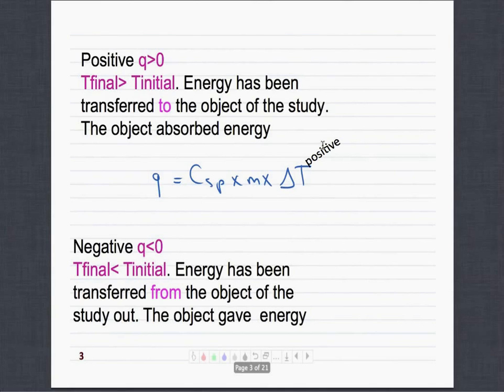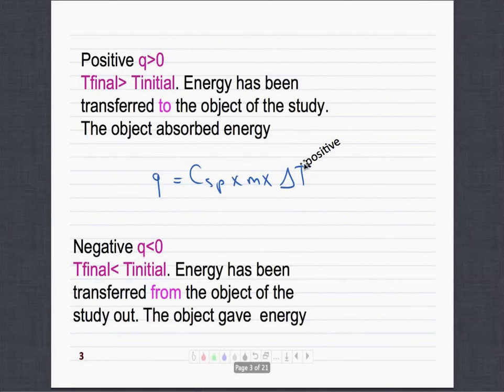So when you heat the system, when you heat the water, when you take something from low temperature to high temperature, your Q must be positive. And that tells you that when we heat the water, it is an endothermic process. It is a process that needs heat to get going. So the energy has been transferred.